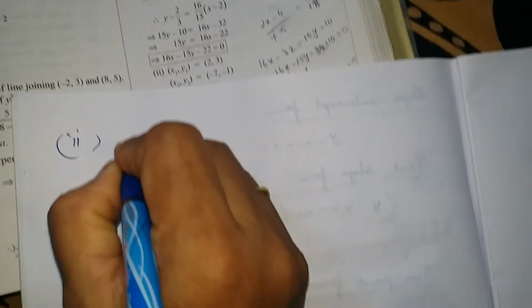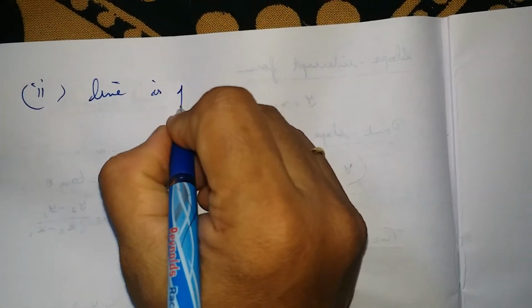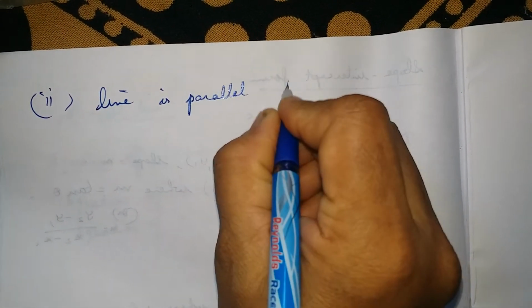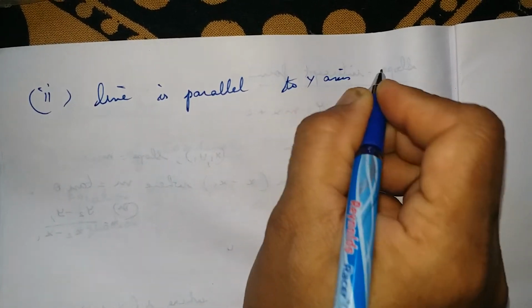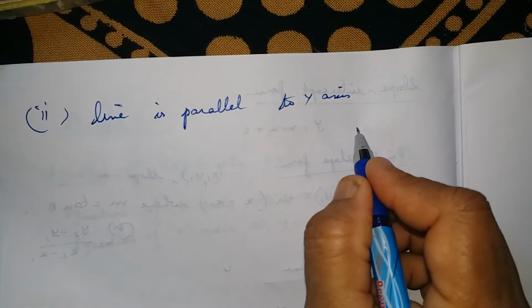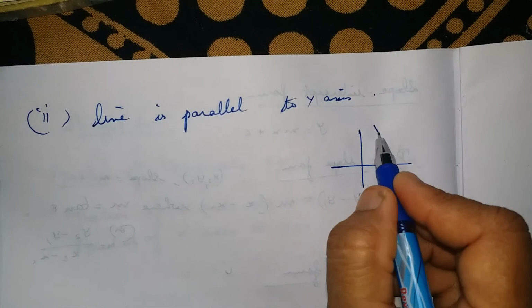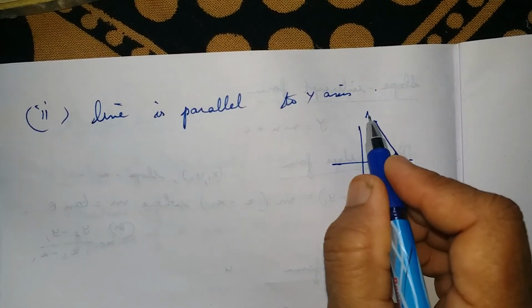Now second subdivision, when the line is parallel to y-axis. So here this is your diagram. This is your line AB.